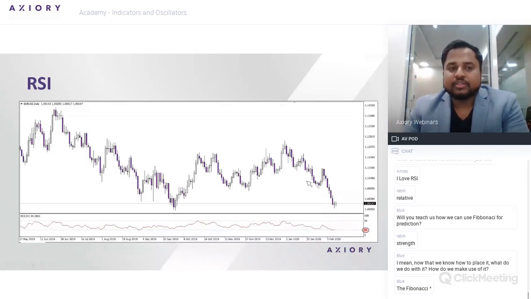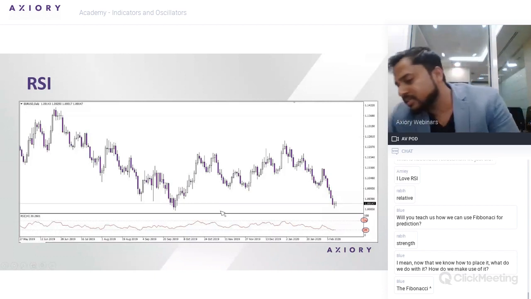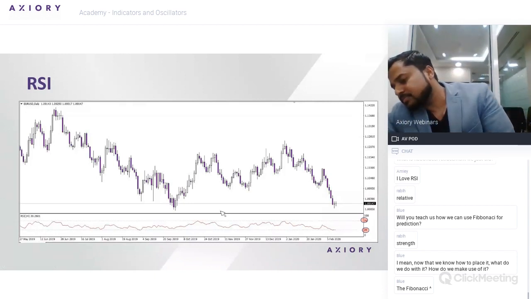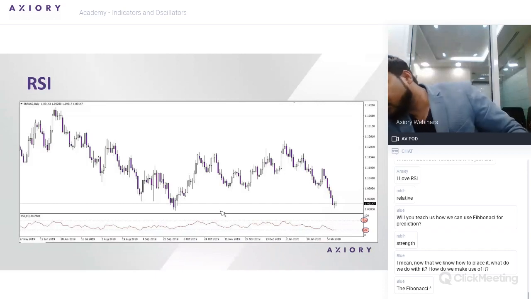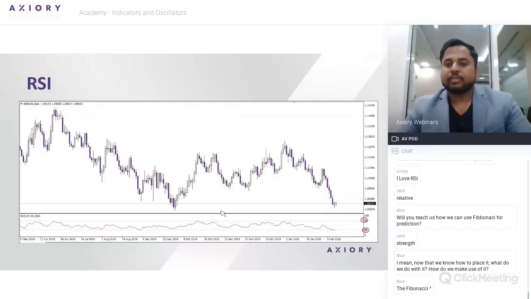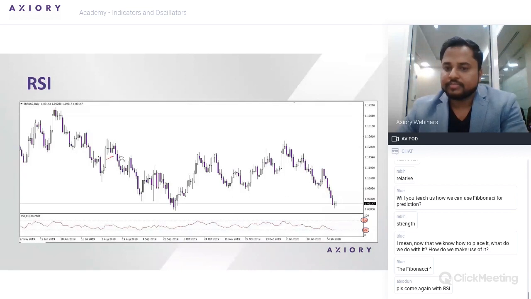The two important values of RSI are 30 and 70. It means that when the RSI graph touches the 30, the price can go up. And when it touches the 70 area, the price can come down.